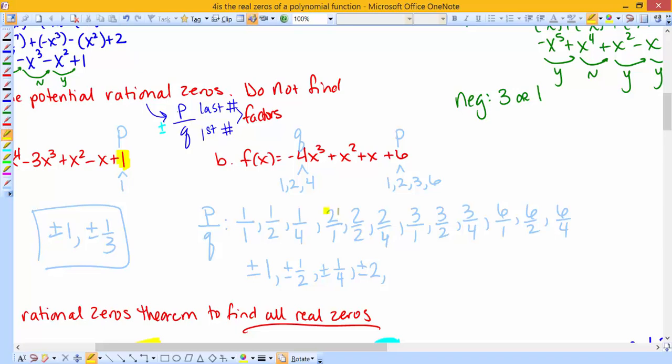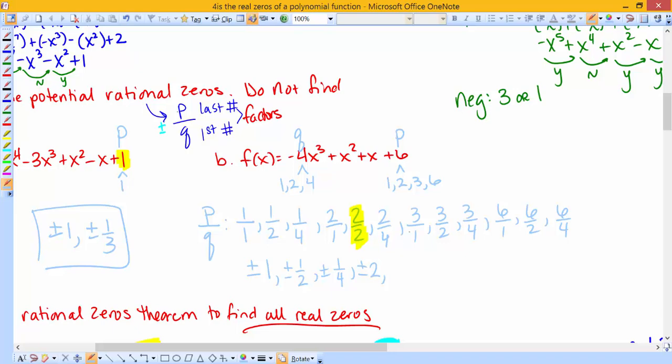But now look what happens. Here when I get to the 2 over 2, well, that's 1. I already have that, so I'm not going to write that one again. 2 over 4 is 1/2.